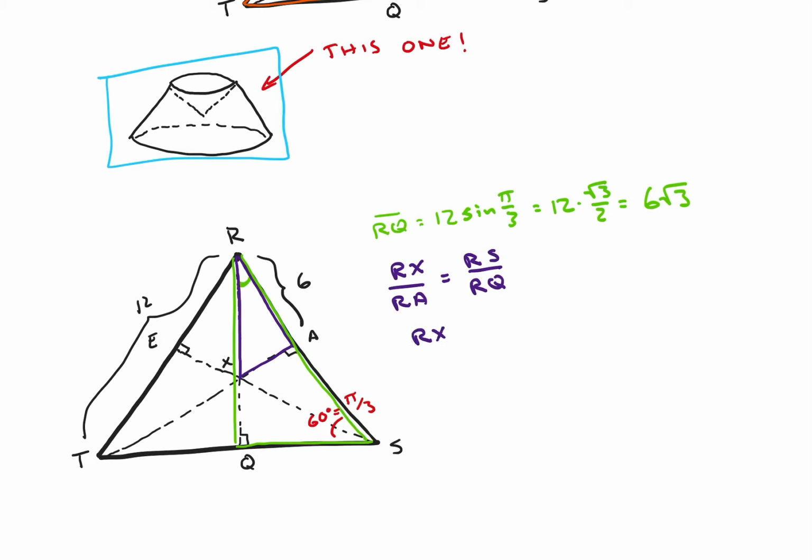So that's going to tell me that RX over 6 is equal to RS, which is 12, divided by 6 root 3, which tells us that the length RX is equal to 12 divided by the square root of 3, which is equal to 4 times square root of 3. Okay, so now we have the length of RX. We have this length, and we have our overall length.